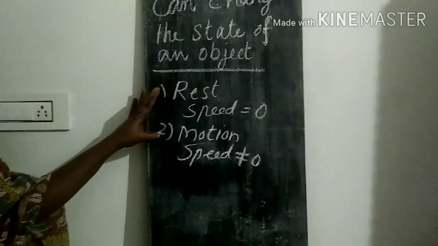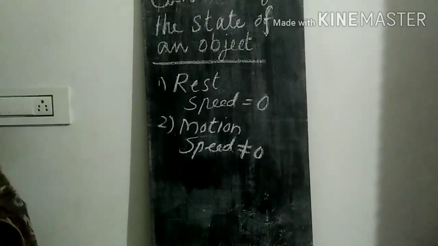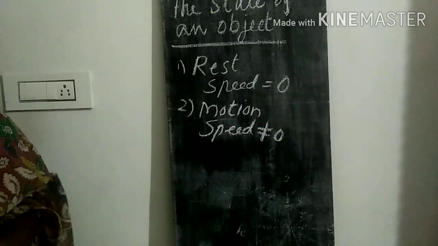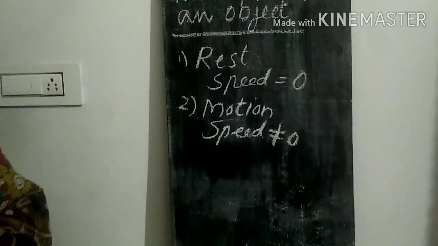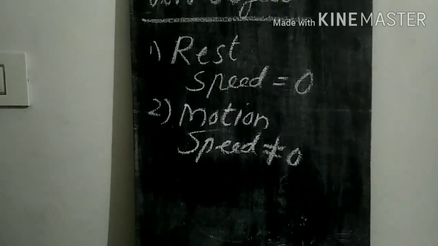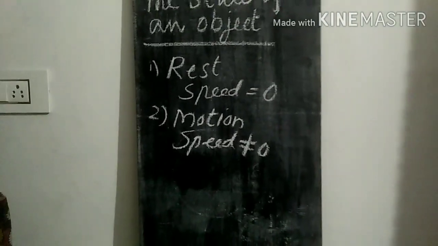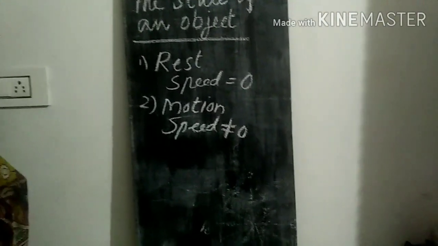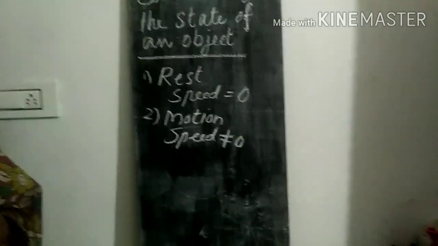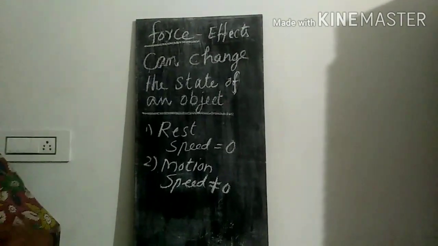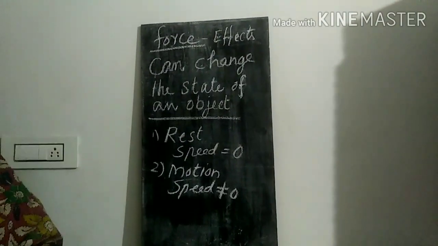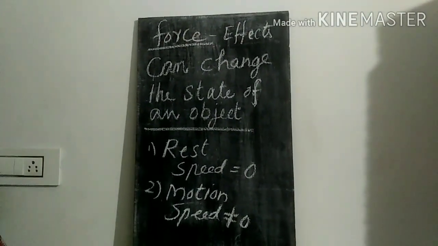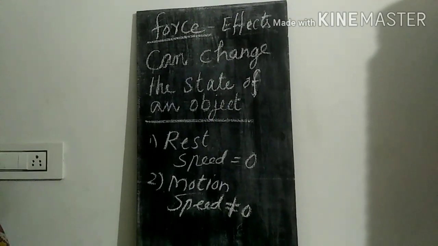Force can produce different effects depending on the magnitude of the force and the direction in which we apply it. That we also discussed in the last class. Now let's think about situations where energy is used and force is applied, but there is no movement of the object.